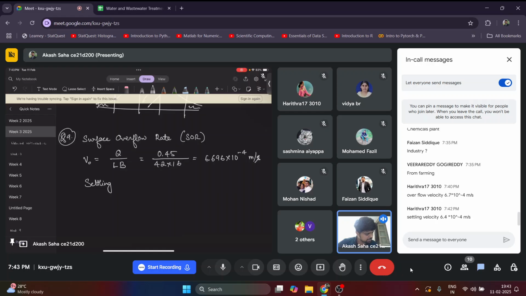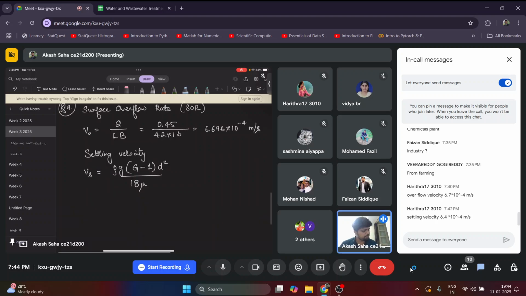Next is the settling velocity. This we denote by Vs. What is the formula? It is (rho s minus rho) g d square by 18 mu. Direct formula.